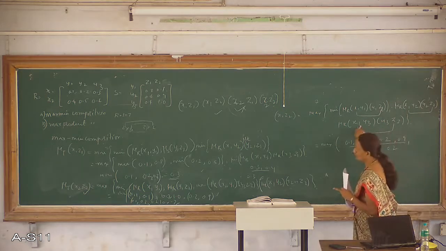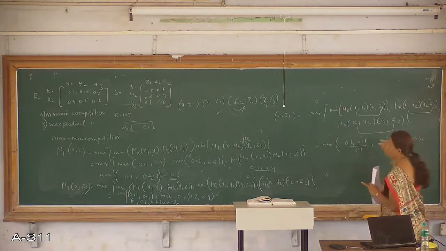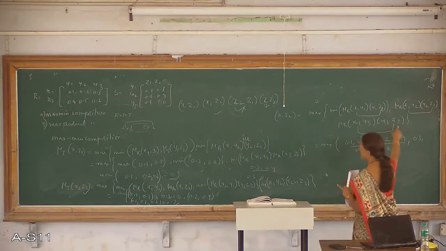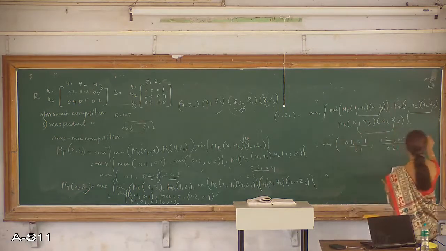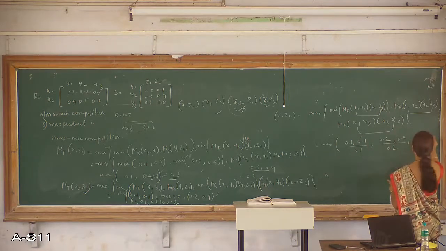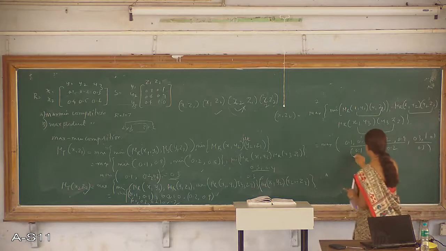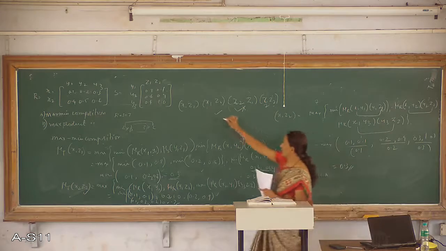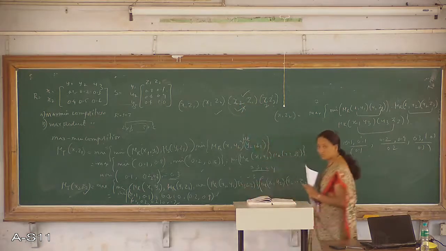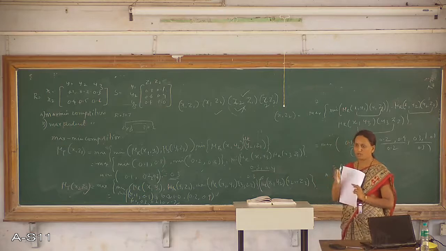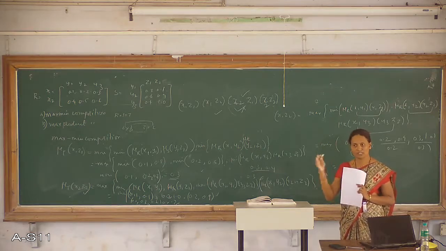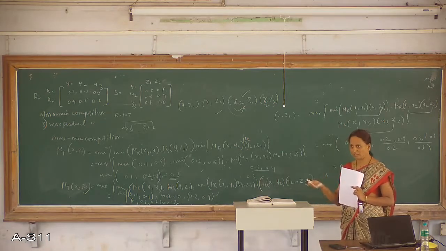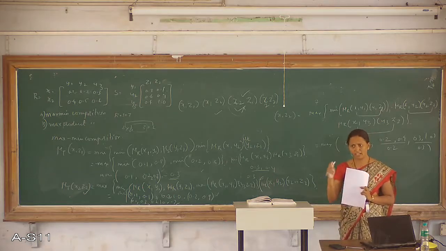Then I have x1 y3, which is 0.3, and y3 z2 is 1. So minimum among this is 0.3. Max among these three will be 0.3 as my value. So this I have done. On similar lines, you need to go for x2 z1. So x2 z1 will have the combination of x2 y1 z1, x2 y2 z1, and x2 y3 z1.